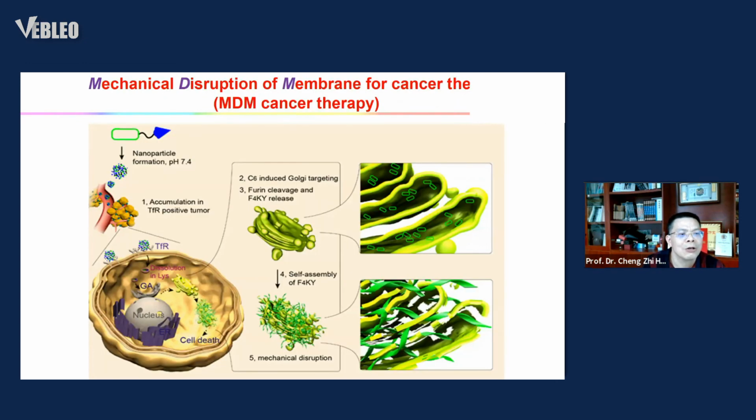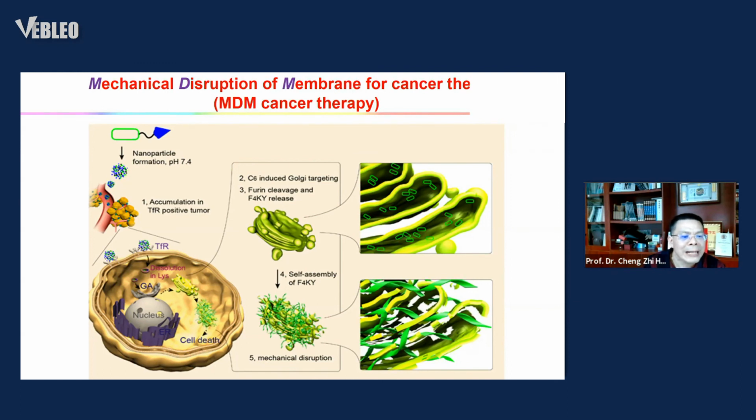In such case, we can conclude that our strategy of mechanical cancer therapy was successful, namely a 6 cysteine peptide at the N-terminal was designed at first, and then used to differentiate between cancer and normal cell lines, and then a tetrapeptide RVRR, which was a substrate of furin, and with the cleavage of the furin, the heptapeptide F4KY was released and assembled itself into left-handed helical fibrils.